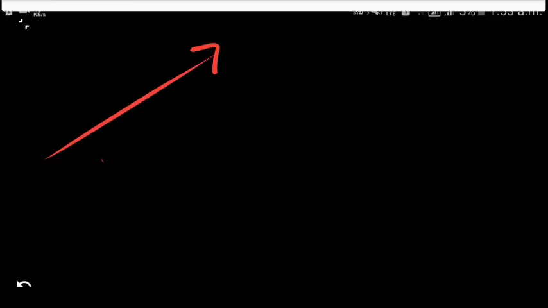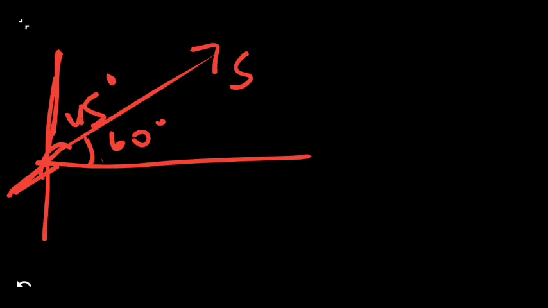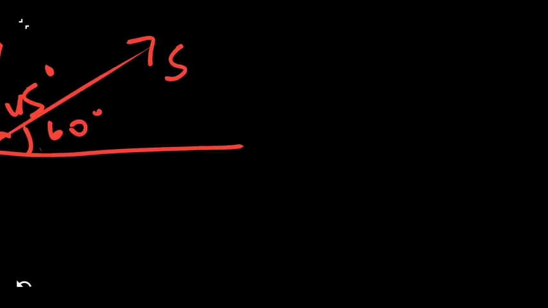And let's take the example where you have been given a vector which has a magnitude 5, and it makes an angle of 60 degrees with the x-axis and an angle of 45 degrees, let's say, with the z-axis.